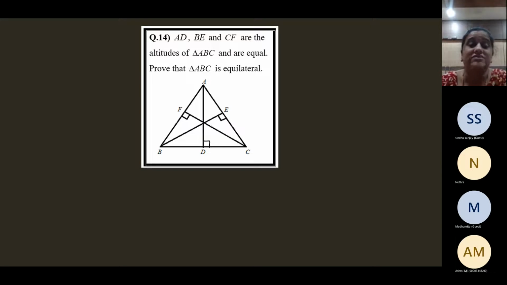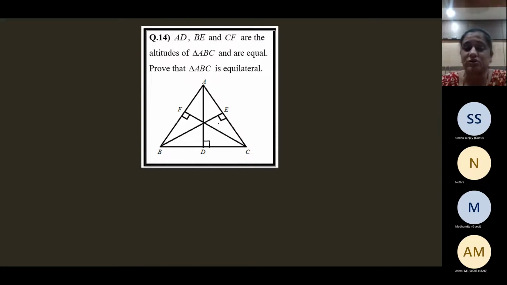BE is the altitude from the vertex B on the side AC. CF is the altitude from the vertex C on the side AB. It's given that the altitude AD is equal to the altitude BE is equal to the altitude CF.